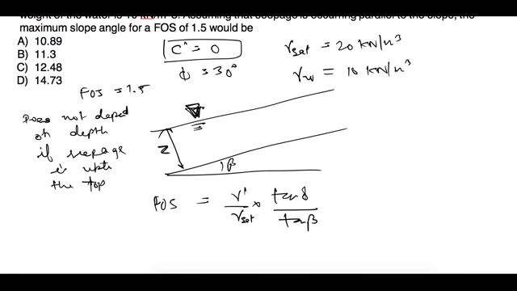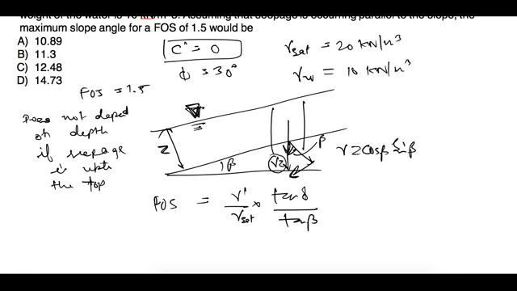Now if you don't remember this, you can always equate the shear stress and shear strength. Weight acts downwards, so the normal force is here and the shear force is here. If this angle is beta and this weight is gamma z cos beta, then the shear stress will be gamma z cos beta sin beta.